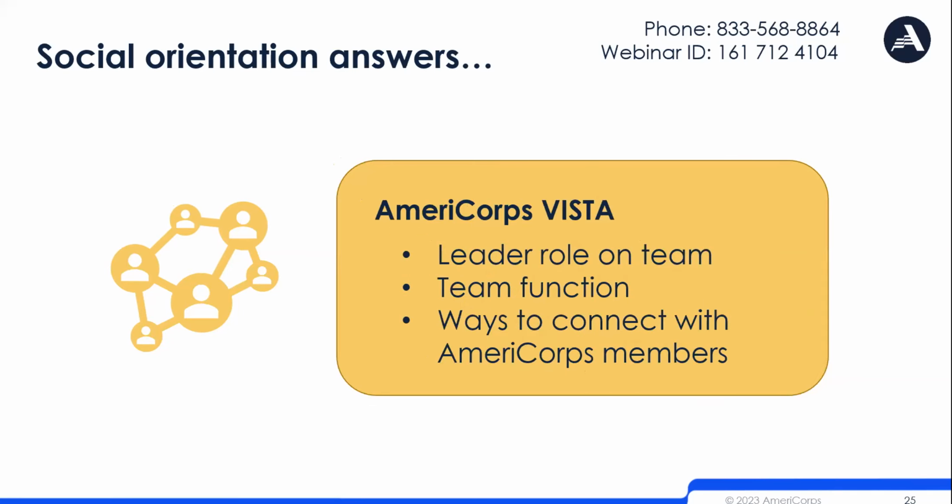Now on the VISTA side, AmeriCorps brings its own social context and culture into play, and so including some social orientation to the AmeriCorps aspects of service can also be really important.